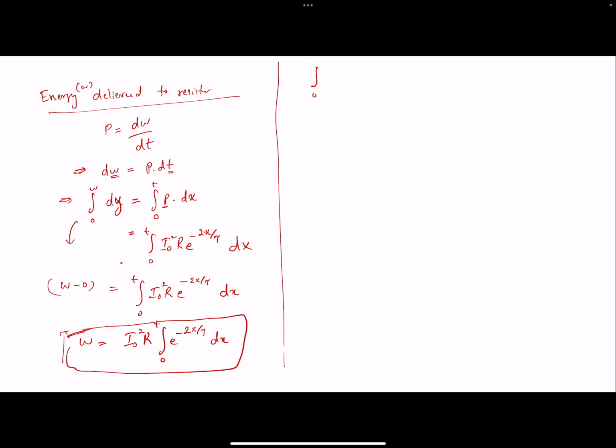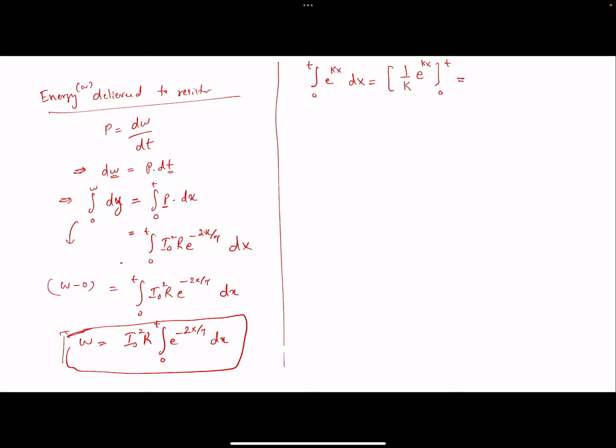For example, if you were to integrate e raised to the power kx from 0 to t with respect to dx, you're going to get 1 over k e raised to the power kx from 0 to t. So this is how you actually do this integration, right?